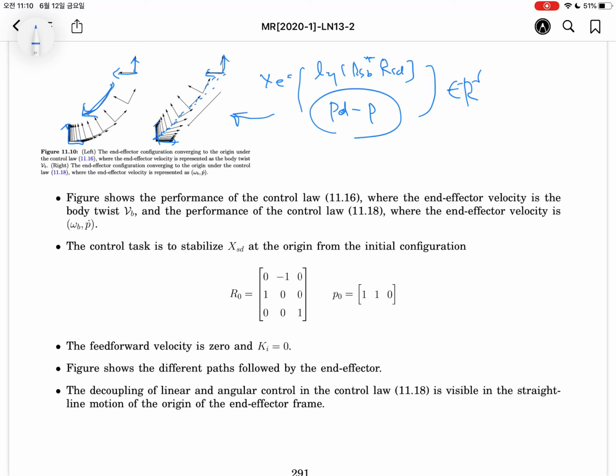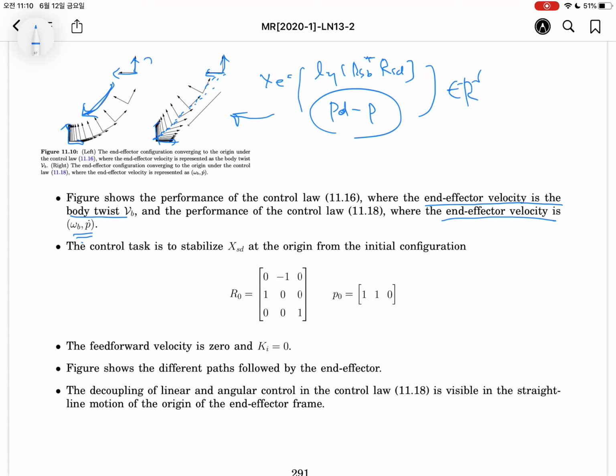On the other hand, if the body twist is used, then the very natural movement, the circular motion, appears. So the end effector velocity is the body twist, and the end effector velocity is given by the formula. Those equations show different performance.